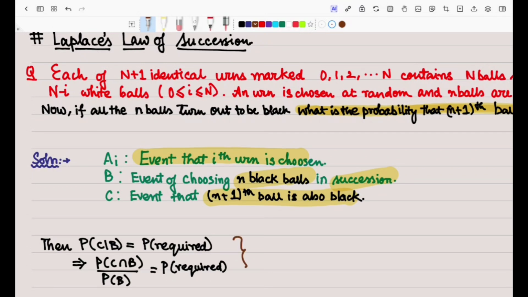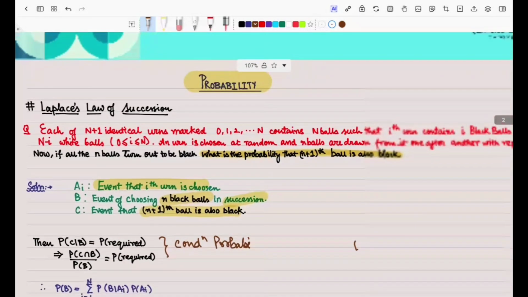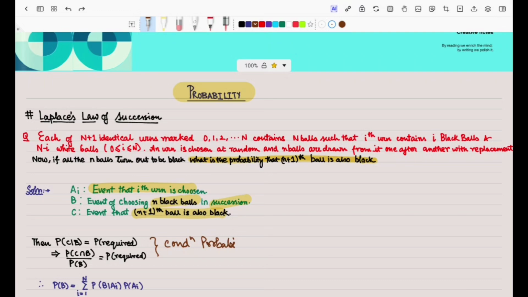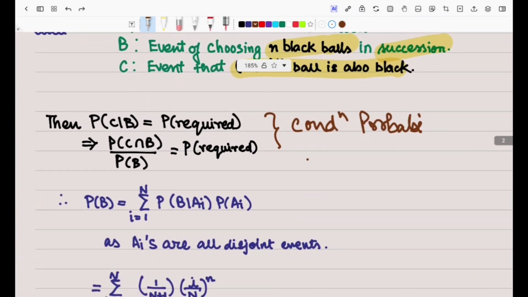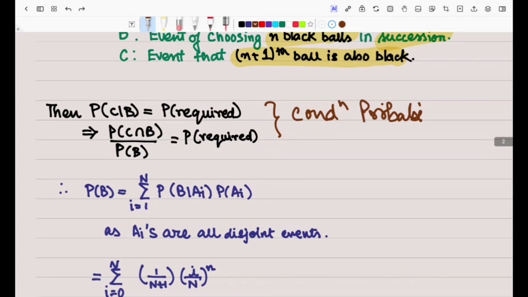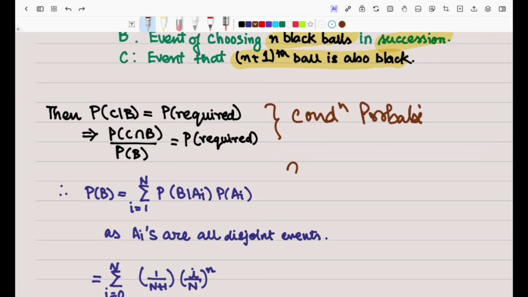Also, along with conditional probability, the concept of total probability is included here.